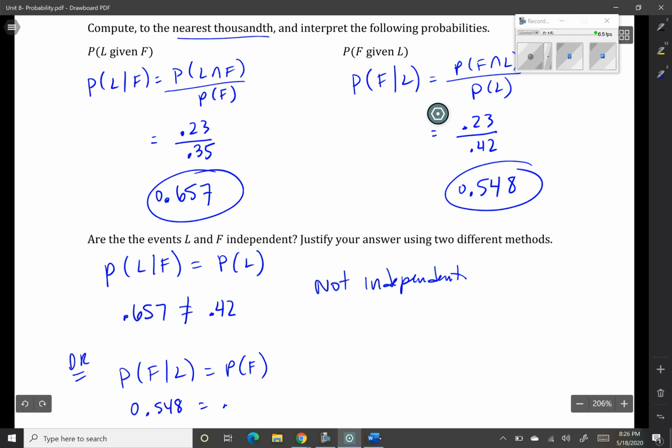The probability of F was 0.35. So again, not the same. Depending on which one you choose, you're going to get to the same result, which is that they are not independent, or that they're dependent upon each other. So there's some type of a link between whether or not you're a long-term card holder and whether or not you pay your bills in full, according to this credit card company.